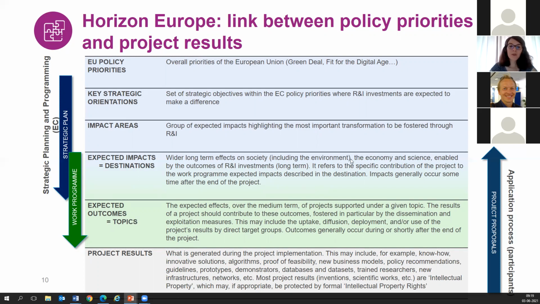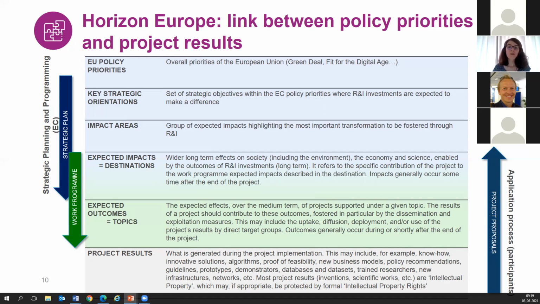The second important notion is the notion of expected outcomes. The outcomes are specified and listed at the level of the topic, meaning the specific topic for which you will be drafting your proposals. Those outcomes are the expected effects of the projects that are supported under a given topic. They generally occur over the medium term.